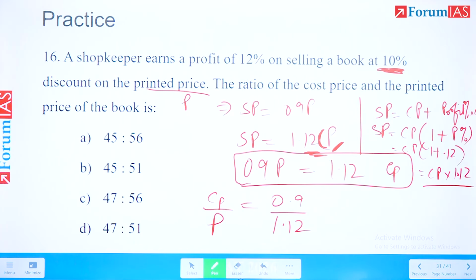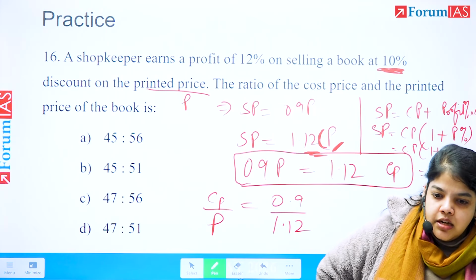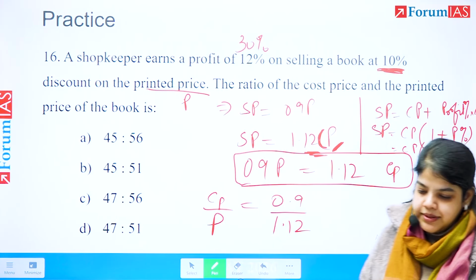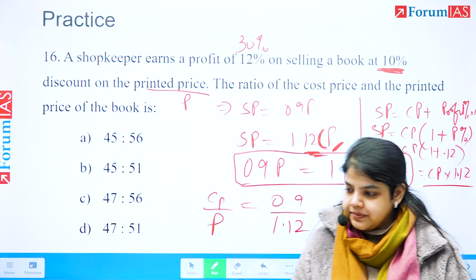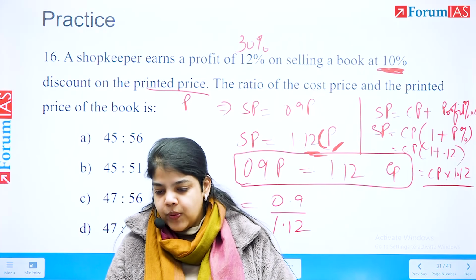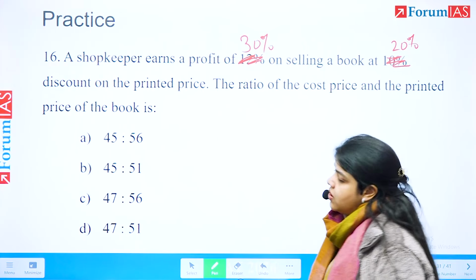The question says, please write down: a shopkeeper earns a profit of 30% by selling a book at 20% discount on the printed price.